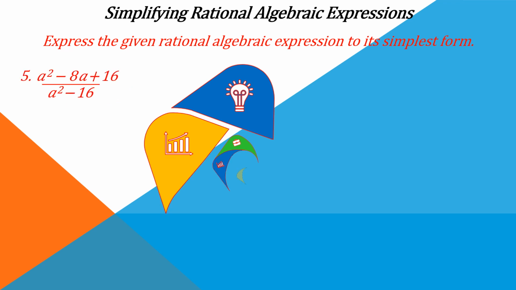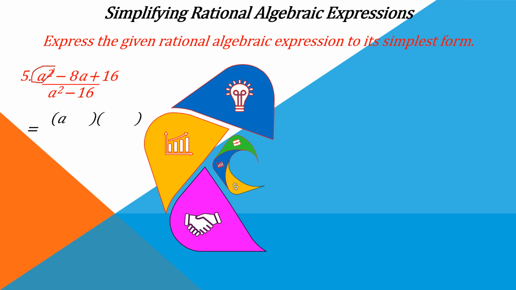So factoring the numerator and denominator, we have these brackets, and the factors of a squared is a multiplied by a, and the factors of 16 is 4 by 4, and since the middle term is negative, we will adopt this sign of the middle term so that we have the correct factors.